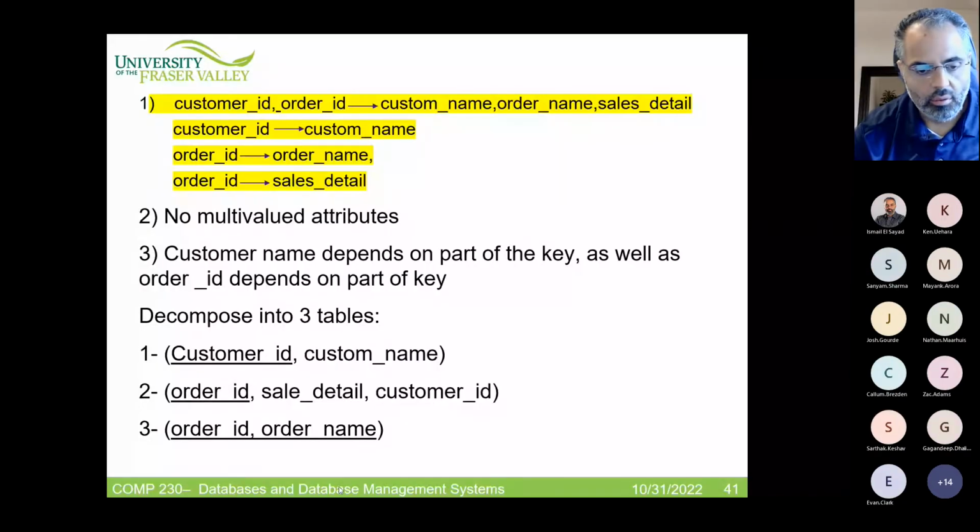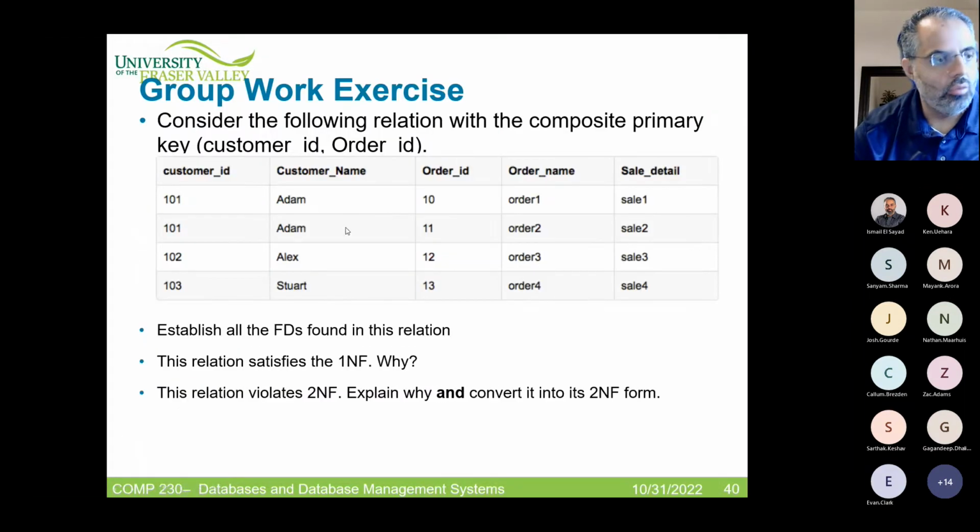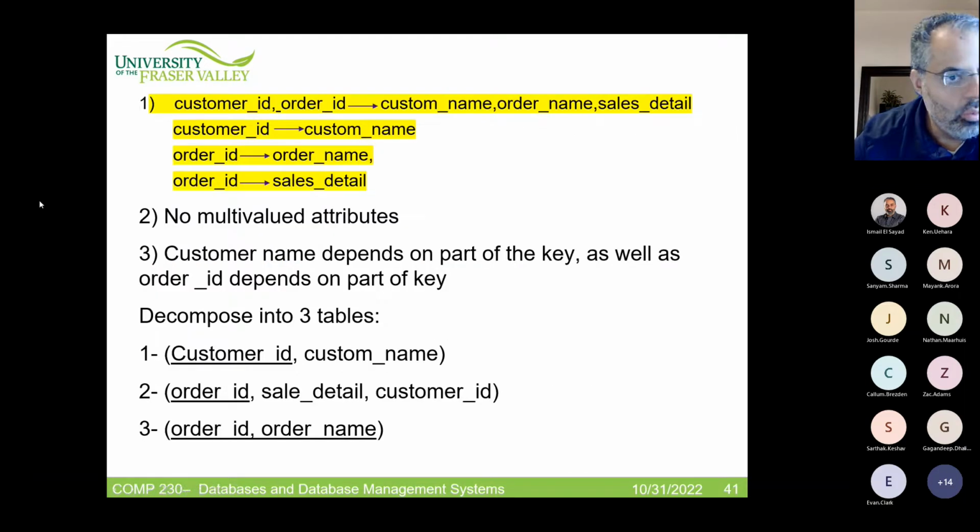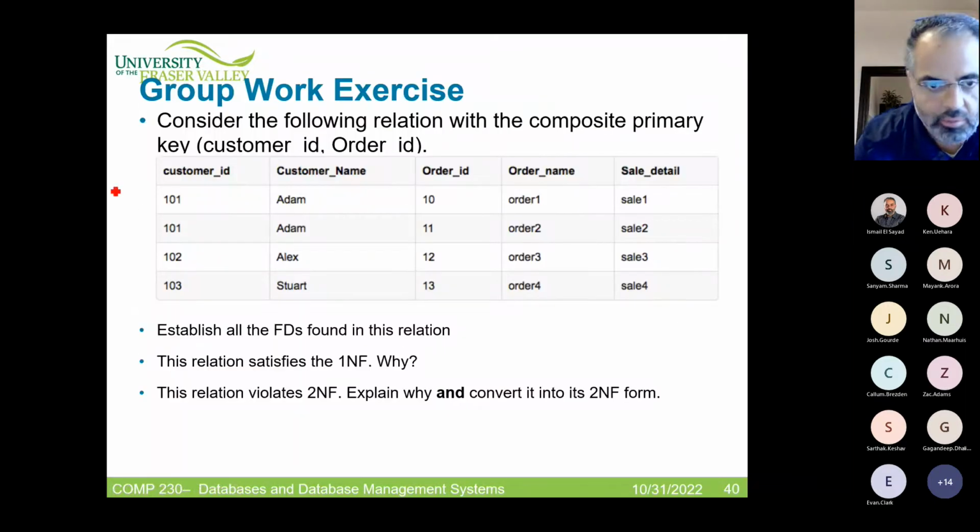So here, if we go to the FDs, for me, it's the same as what Josh and his group have already worked on. I believe that customer ID and order ID together give all the others because it is a primary key. So we have the primary key here, as we said, both of them.